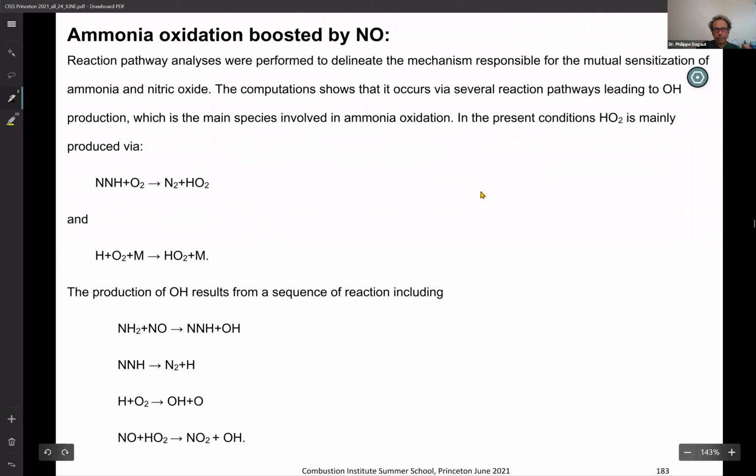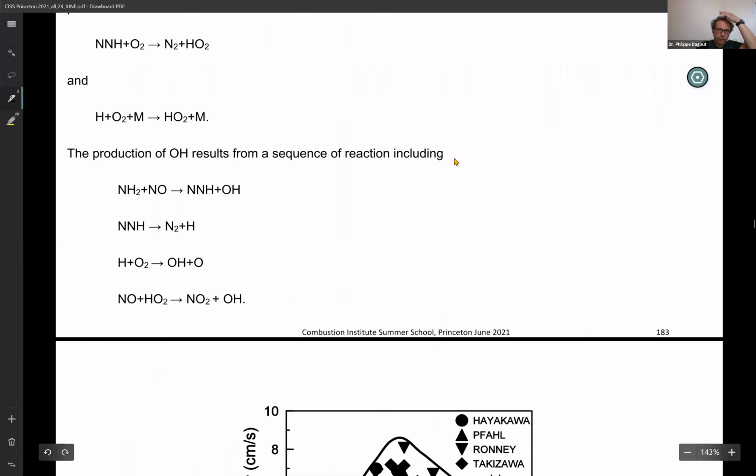So under these conditions, we have the reaction of NNH plus O2, which gives N2 plus H2O, and H plus O2 plus M, which gives H2O. Production of OH results from a sequence of reactions involving NH2 plus NO, giving NNH plus OH. And then NNH can decompose, producing H atom, which reacts with O2 to produce OH.